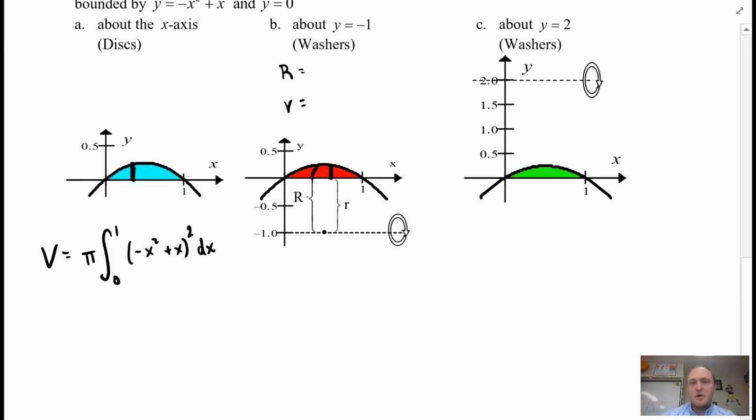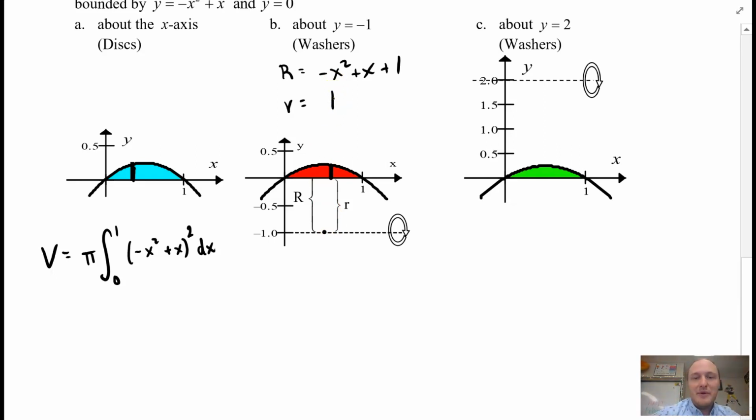That is my function, that's this distance. So negative x squared plus x, plus this whole distance here, which is 1. So there's my outer radius, the distance from here all the way down. Now I have to take the inner radius, which is from the x-axis down to my axis of revolution, and that distance is just 1. Distance is always positive, absolute value of 1.